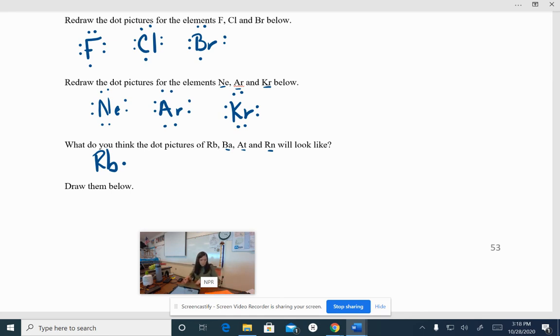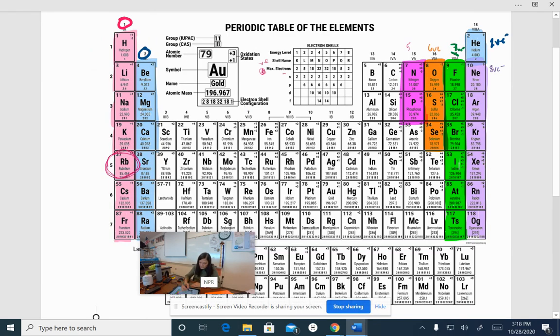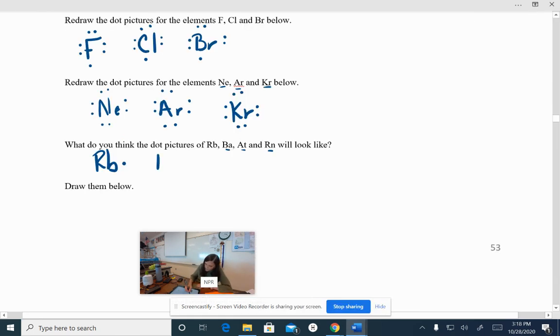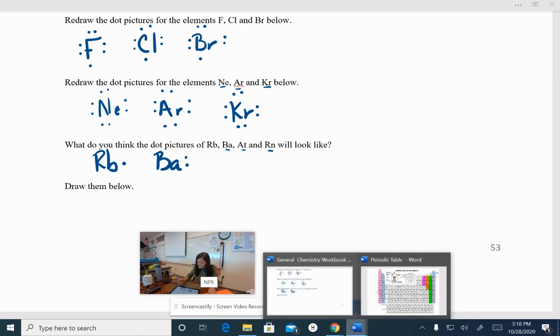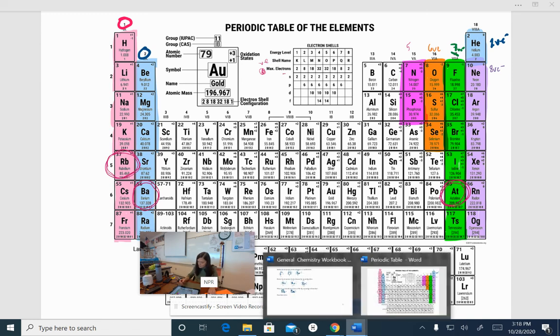Hey, you ready to check? Okay, barium, we are going to find right here. So barium should have 2 valence electrons. So you should have written barium with 2 valence electrons. And if I look for acetylene, it's down right here. So it's in the column that we labeled with 7 valence electrons.